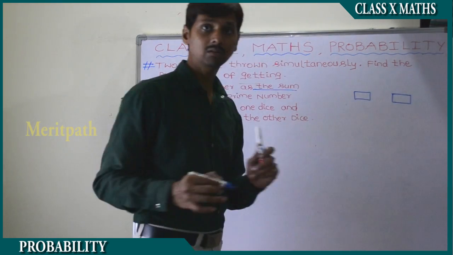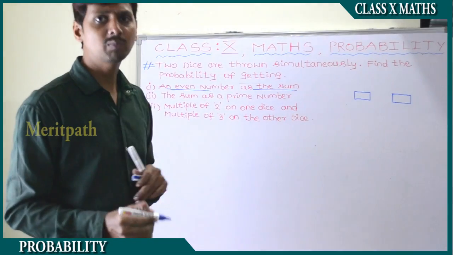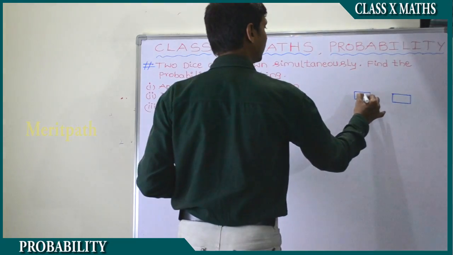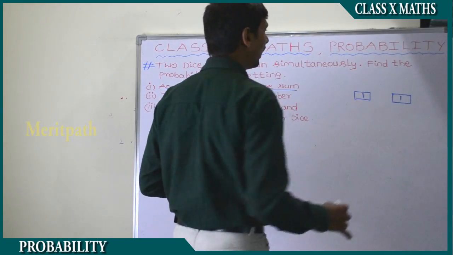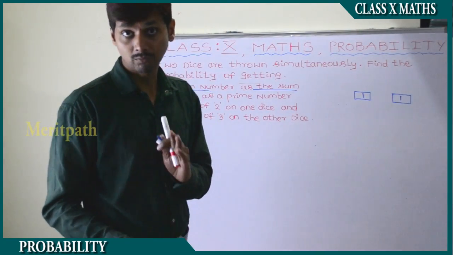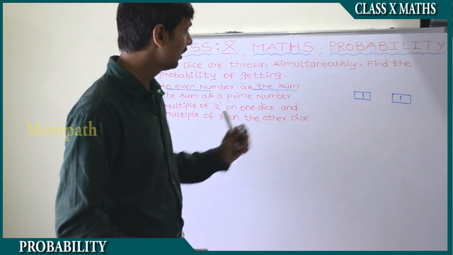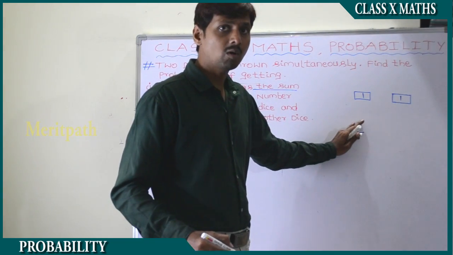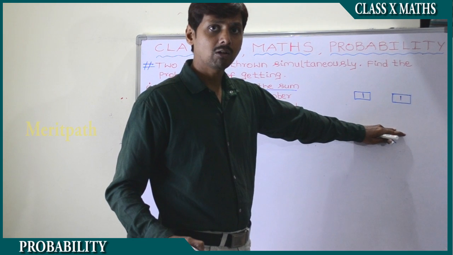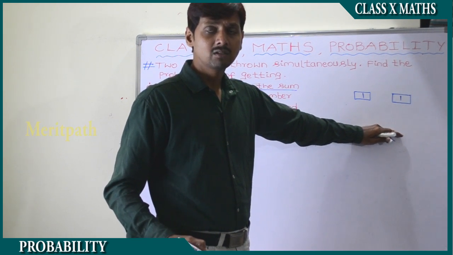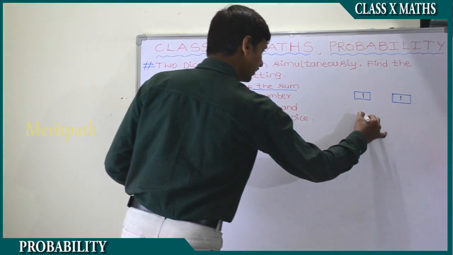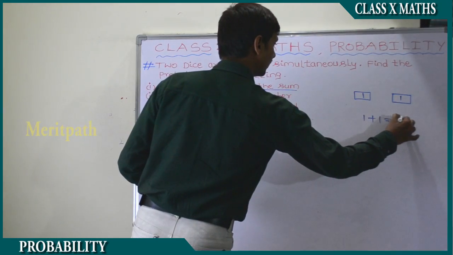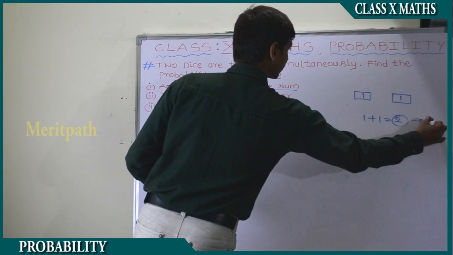Two dice are thrown. There is a possibility to get 1 on the first dice, and there is a possibility to get 1 on the second dice also. So here we got 1 on the first dice, 1 on the second dice. The sum of these two numbers is 1 plus 1, which is 2. 2 is an even number.